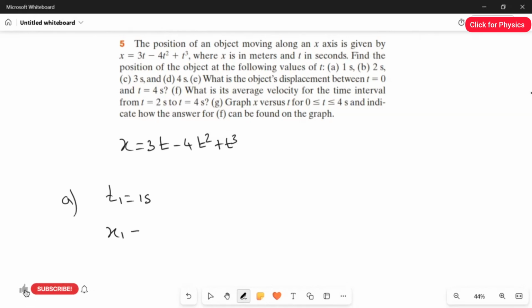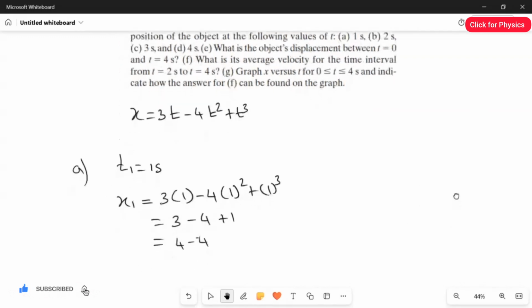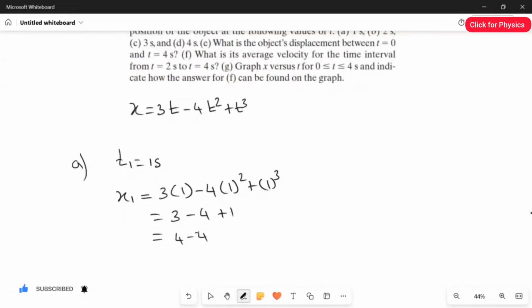By that, what will you get? 3 multiplied by 1 minus 4 multiplied by 1 square plus 1 cube. So what answer will we get? 3 minus 4 plus 1. The answer here is 4 minus 4, and the answer for the time t1 equal to 1 second is 0. So that means our x1 value here is 0 meter.